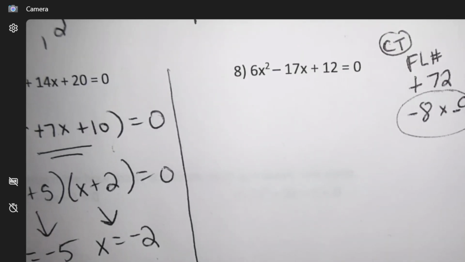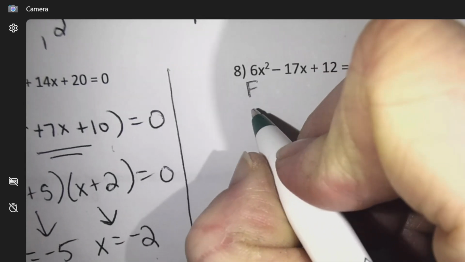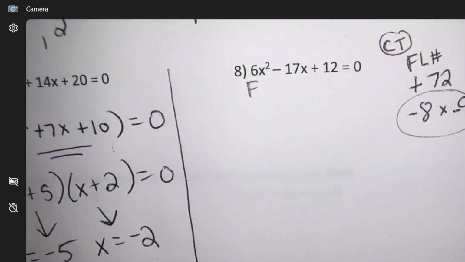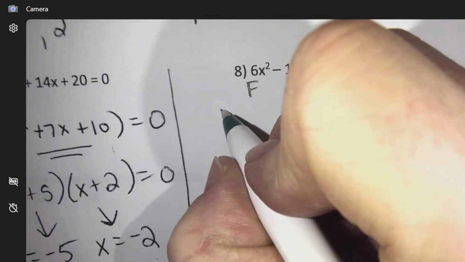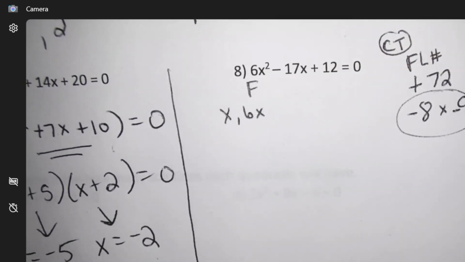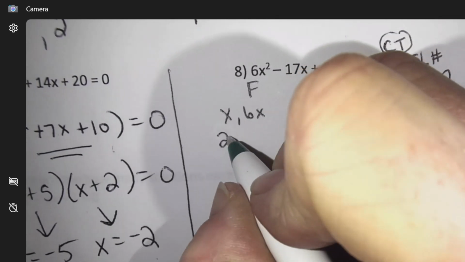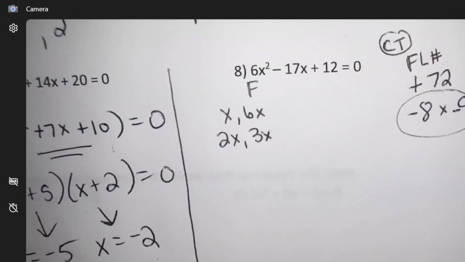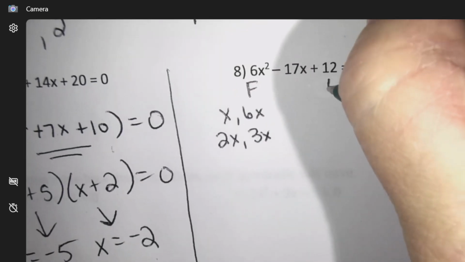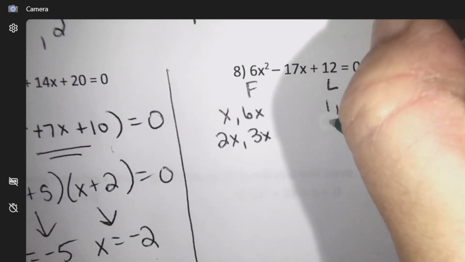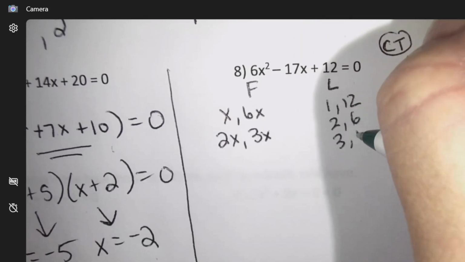Okay, so I could get this 1x, 6x. Or I could do a 2x, 3x. Those are some options. Oh boy, we're going to have lots of options here. 1, 12, 2, 6, 3, 4.